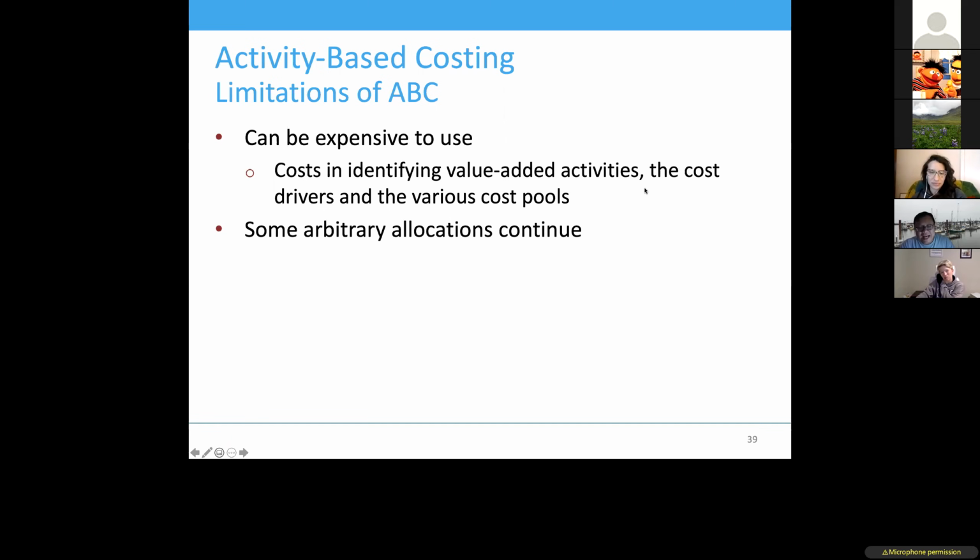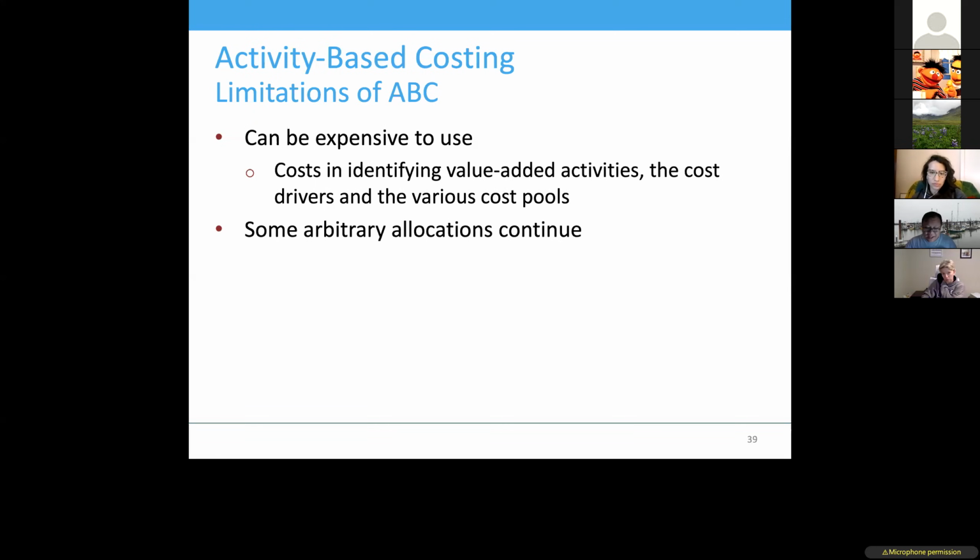You can see that you have to do a lot of work up front. You have to figure out all these activities and what the cost drivers are. You have to pick the activities that are highly correlated with the cost.